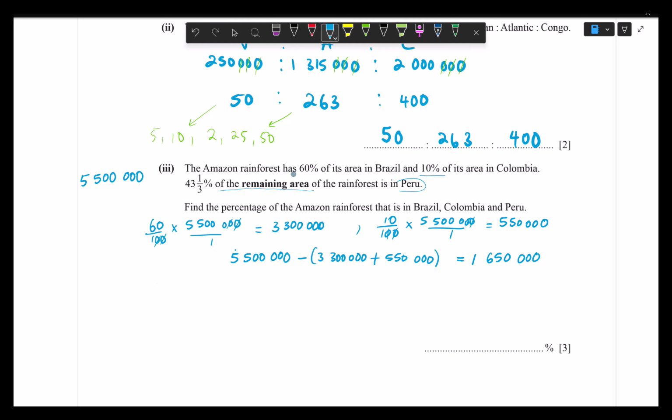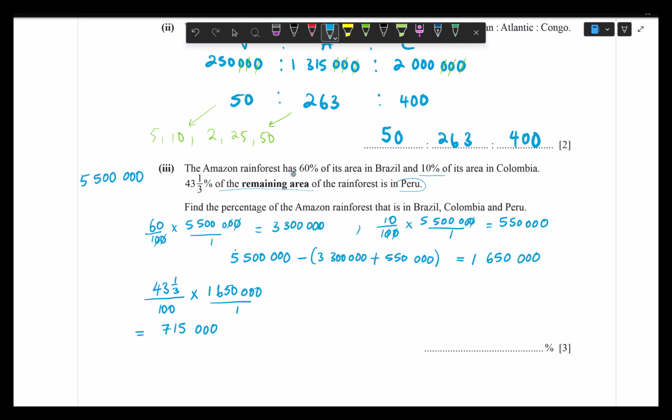Now we find 43 1/3%, which is 43 1/3 over 100. We can, of course, rewrite this, but for this question, we're going to leave it as it is. 43 1/3%, multiply the remaining area, which was 1,650,000 or over 1. We then get our answer as 715,000.